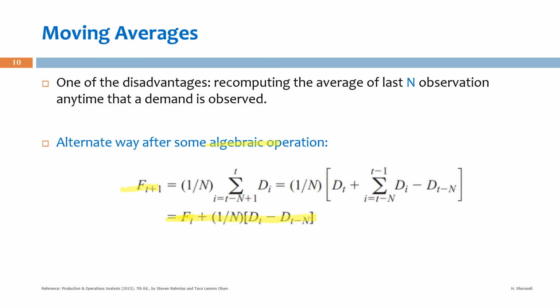So the forecast for t plus 1 can be calculated based on the forecast for t and the observations of t and t minus n. This is another way to calculate the moving average if we have the value of the moving average for the past periods.